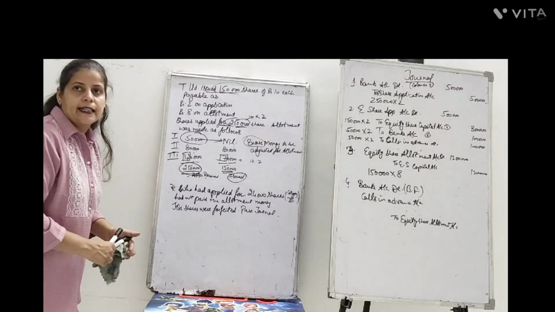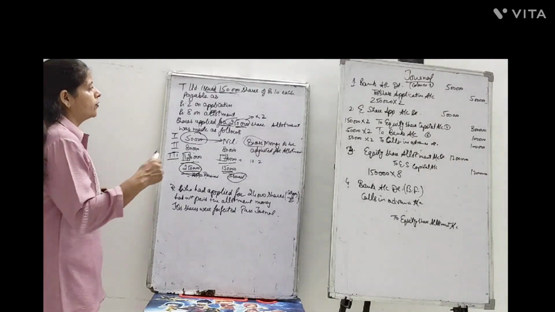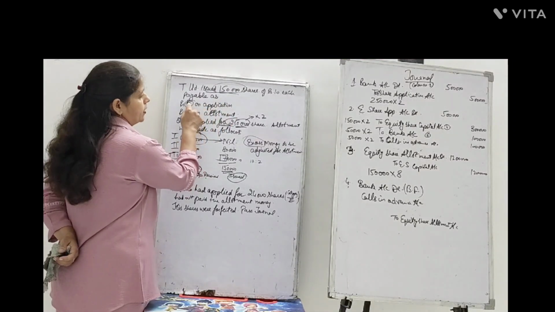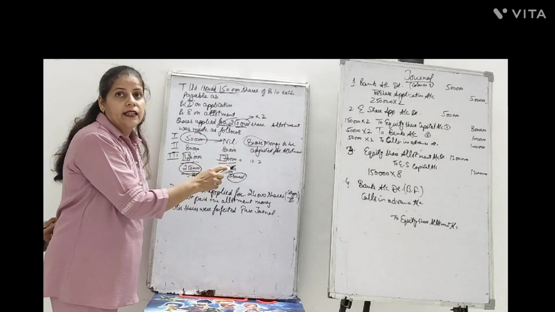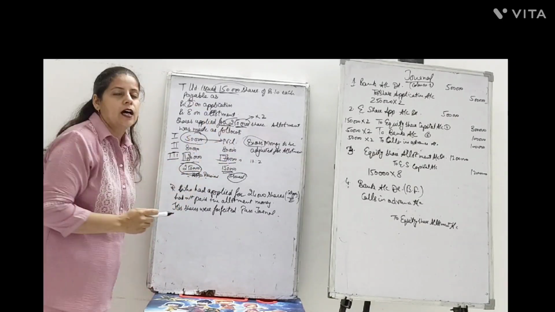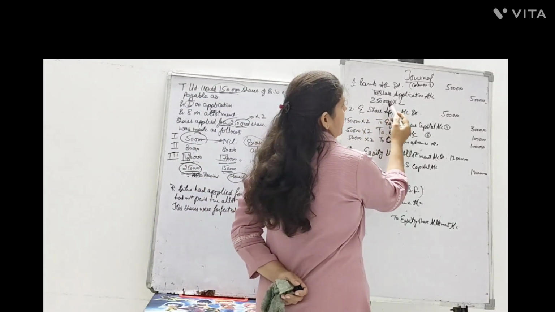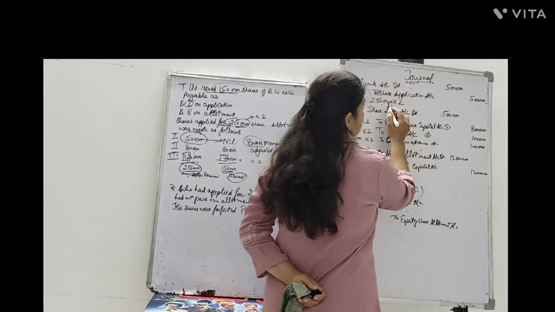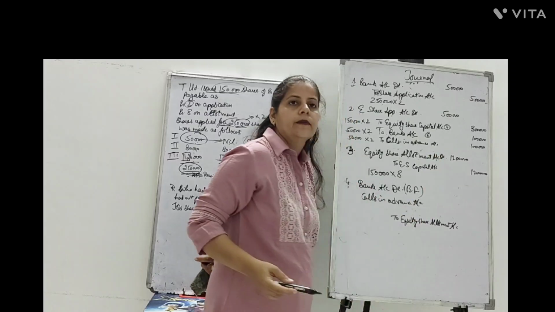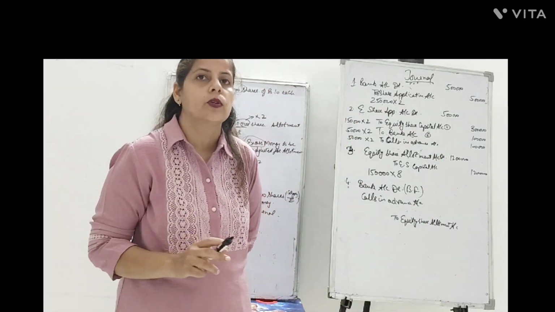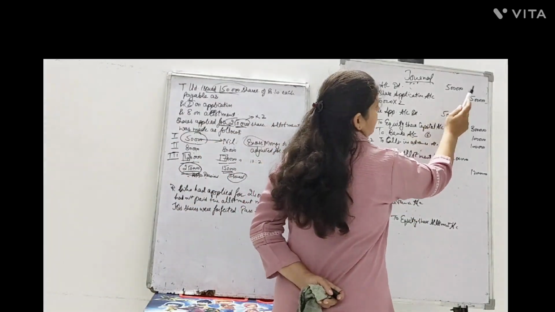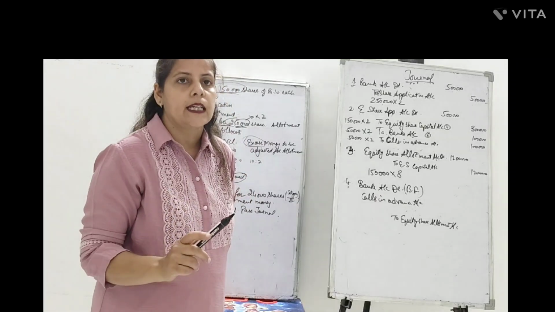In the question he said that T Limited, who had been issuing 1,50,000 shares for 2 rupees on application, was receiving applications for 2,50,000 shares. As the applications were received for 2,50,000, how much money was received by the firm? That is 2,50,000 into 2, rupees 5 lakh was received by the company.